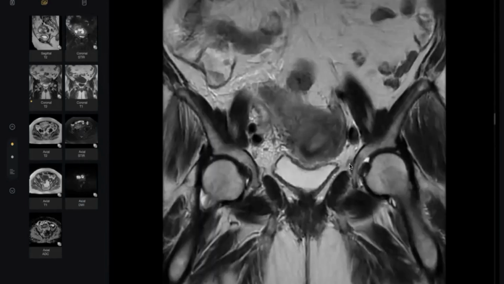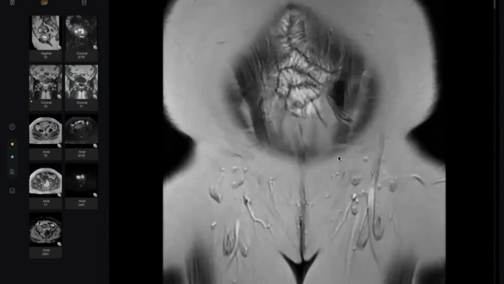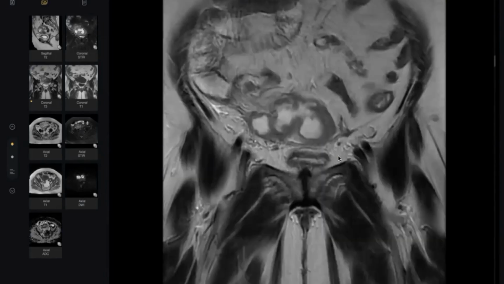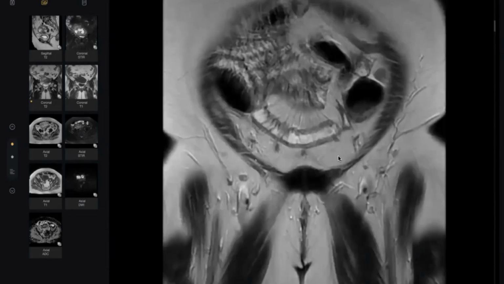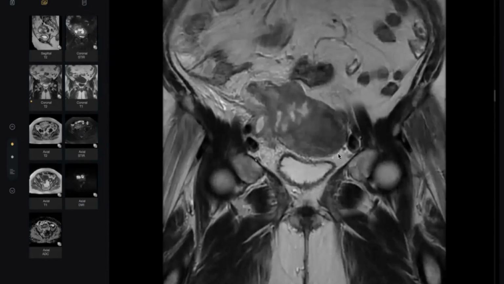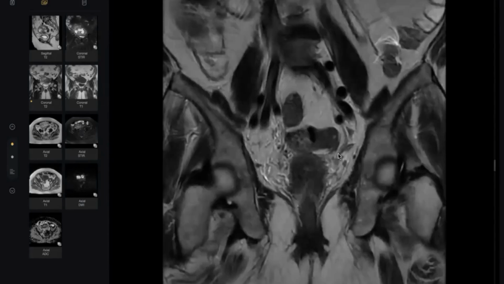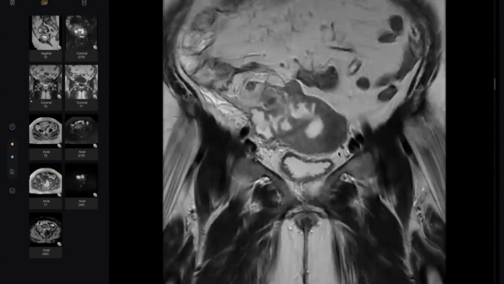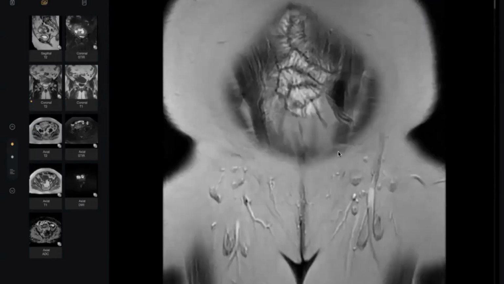There is associated fat stranding. It is abutting the uterine surface. I am trying to concentrate on the appendix, which is not separately visualized.